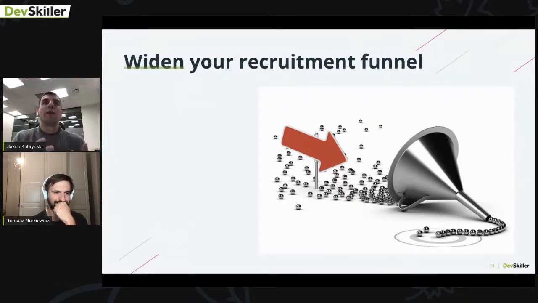So the wider your recruitment funnel is, the higher the quality of the candidates entering the, let's say, limited phase. And by limited phase, we understand the phase where the human touch is involved. So automatic screening is an infinite, unbounded stage.